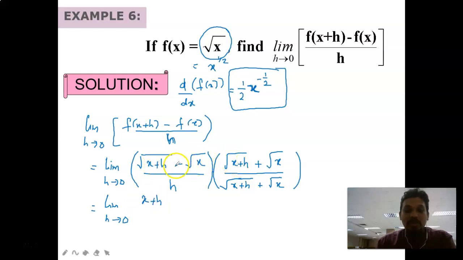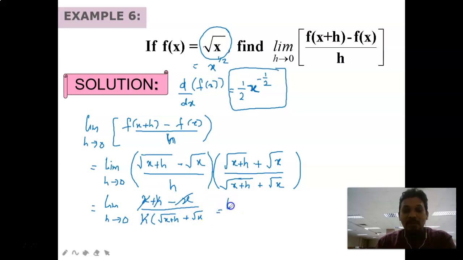Because it's a conjugate of the term in the numerator, we can simplify this as negative times positive is negative, then square root of x multiplied by square root of x equals x. Then h multiplied with square root of x plus h plus square root of x. x minus x, then h divided by h.